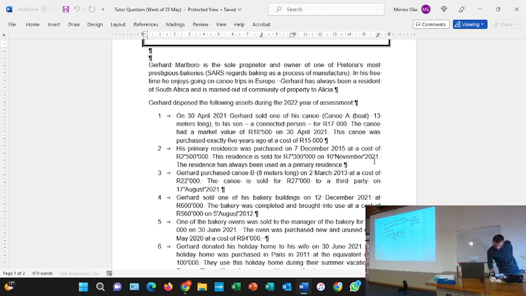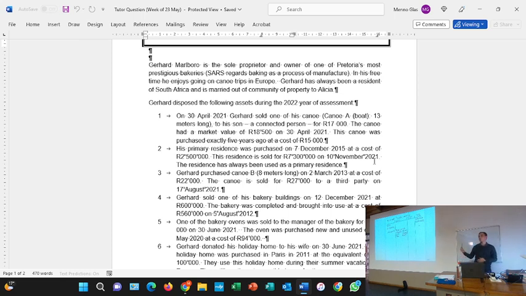Base cost would be 15,000. So your tax value is 15,000. Just check that. So you have no recoupment as your proceeds are limited to base cost equals your tax value.